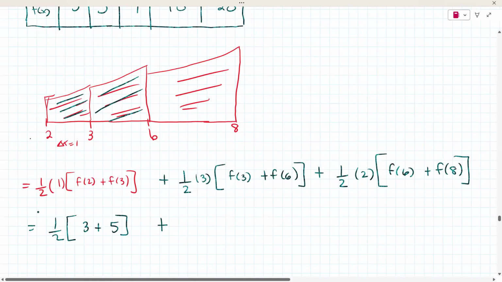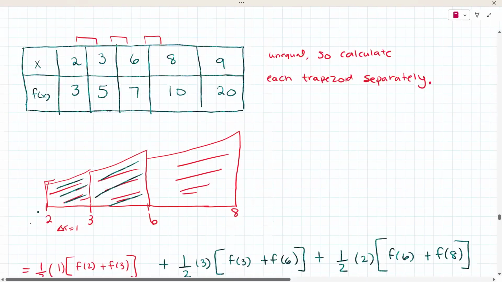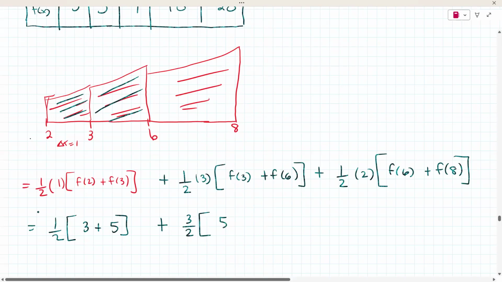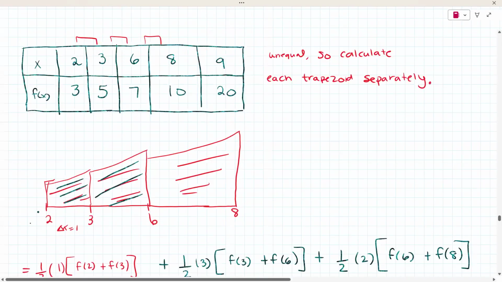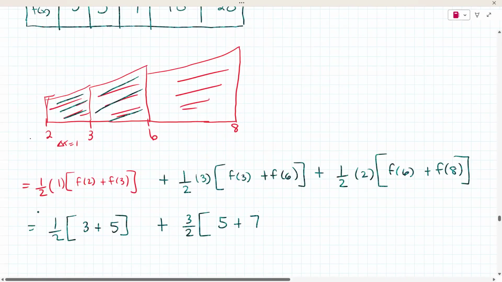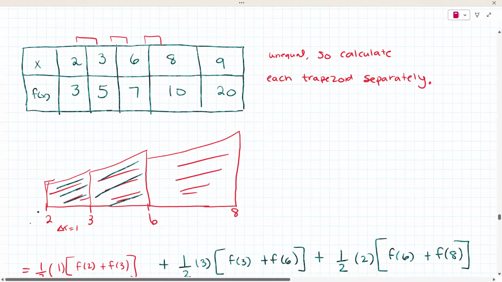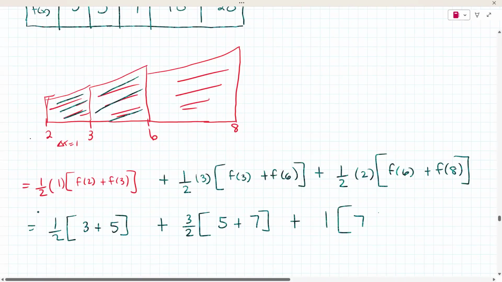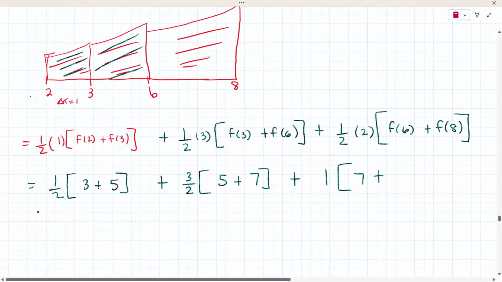Okay, plus 1/2 times 3, that's 3/2. And then look at the table. F of 3 spits out 5. F of 6 spits out 7. Plus 1/2 times 2 is 1. And then f of 6 is 7. And then f of 8 is 10.